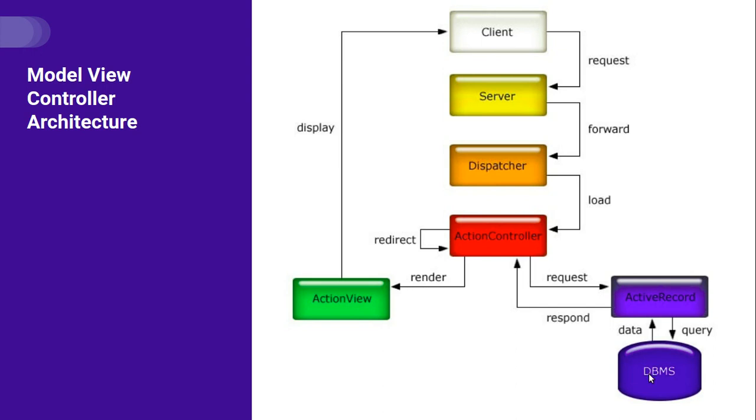Now let's define Active Record, Action Controller, and Action View. Let's define Active Record first. Active Record is known as the model. The model is the layer of the system which is responsible for representing business data and logic. In Rails, the model facilitates the creation and use of business data in the database.